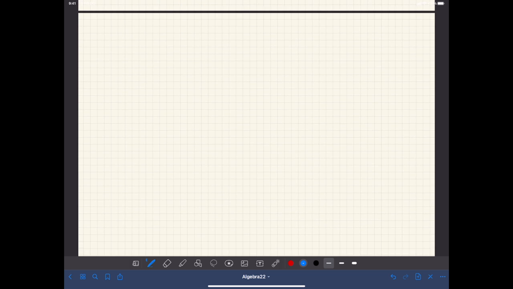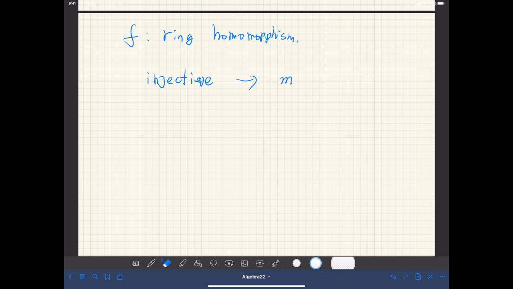And also, just like for the case of group homomorphism, if f is a ring homomorphism, then if f is also injective, we say it's a monomorphism.